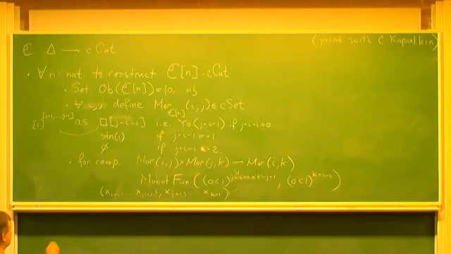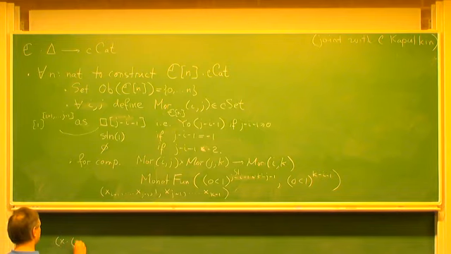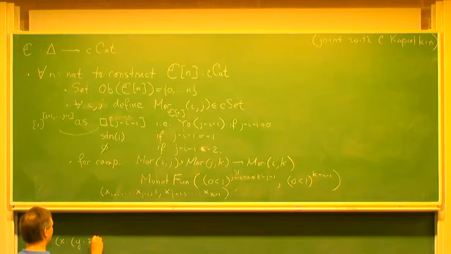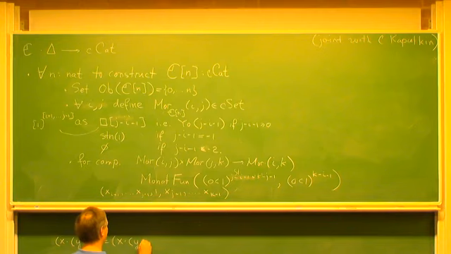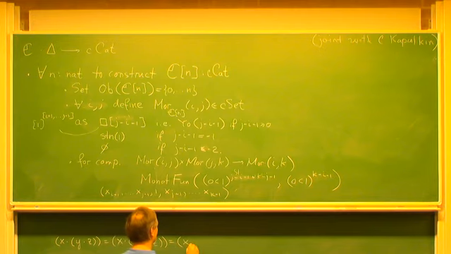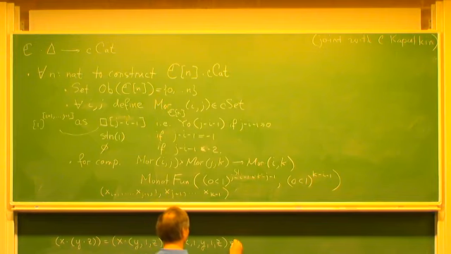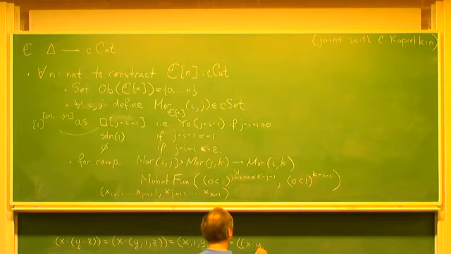And for associativity, I have x times y times z equals x times y 1 z equals x 1 y 1 z equals x. Okay, fair enough.